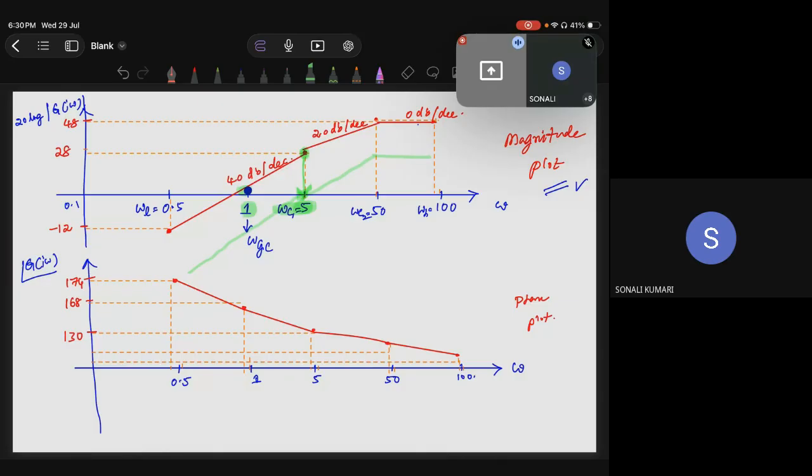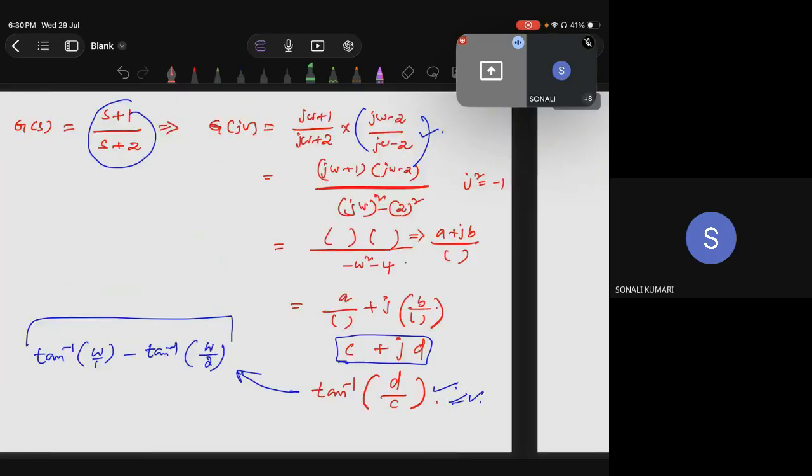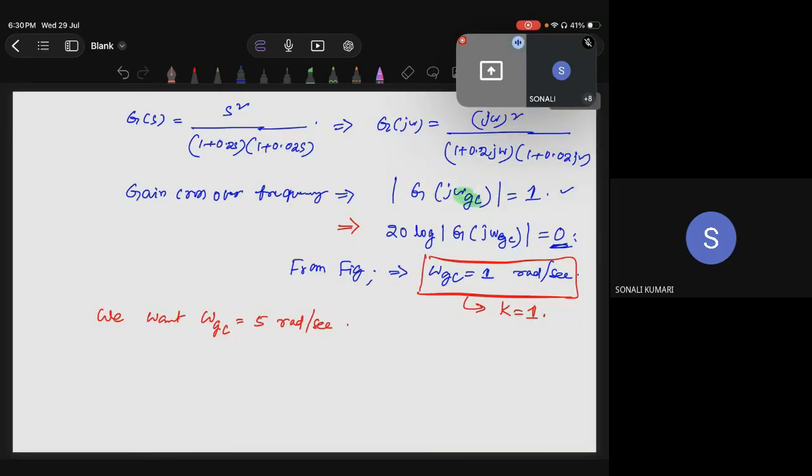So now how much push do I need to give? How much magnitude do I need to push down? 28. Exactly, 28 magnitude I need to push down. So that is our answer. We want our gain crossover frequency to be 5.